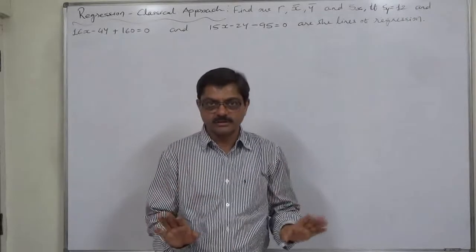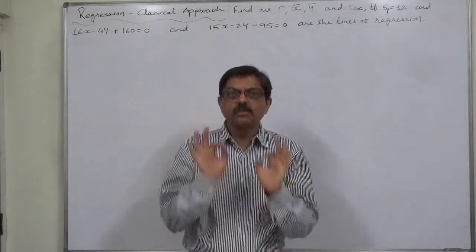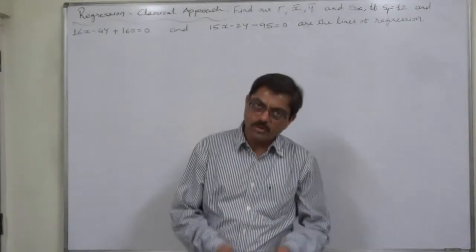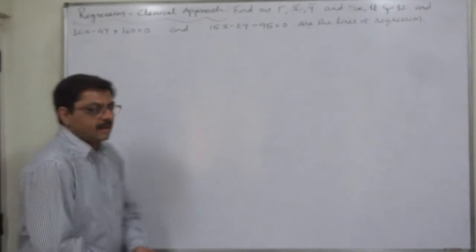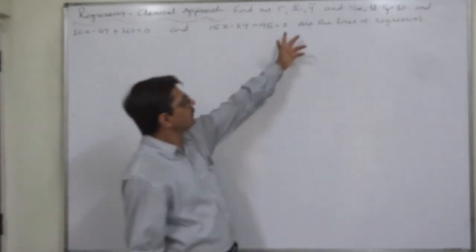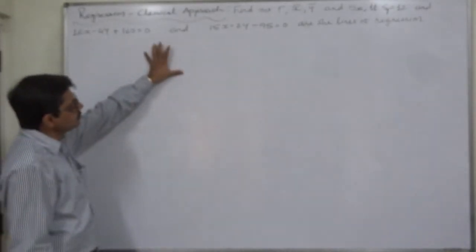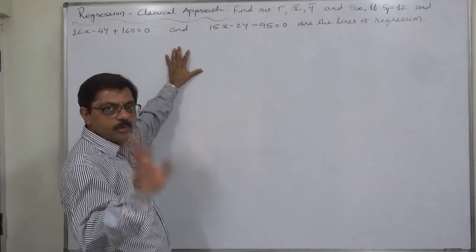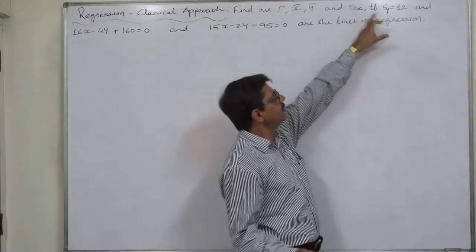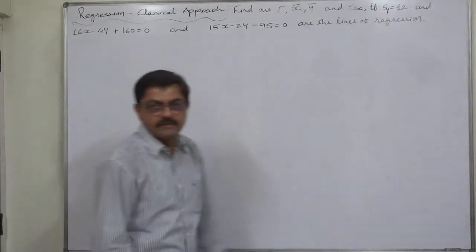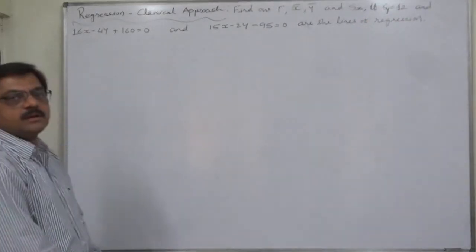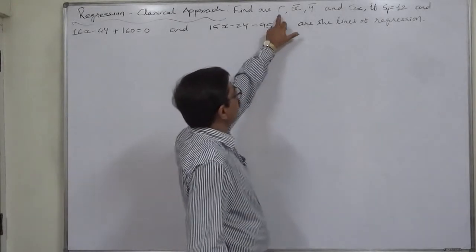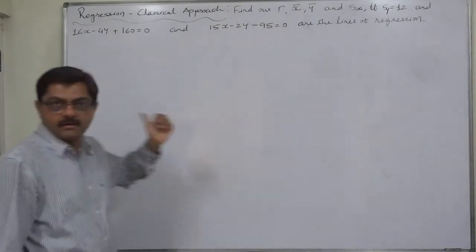And on the basis of these two equations we can find all these five things, and with the help of the two coefficients of regression and the available information of one standard deviation we can find the other standard deviation.